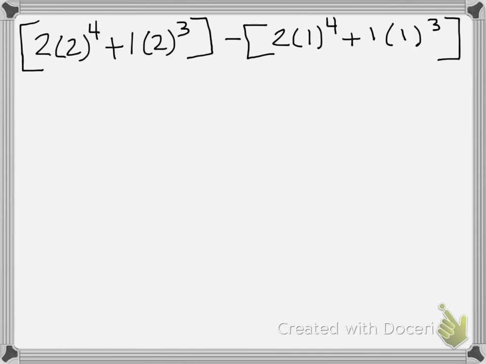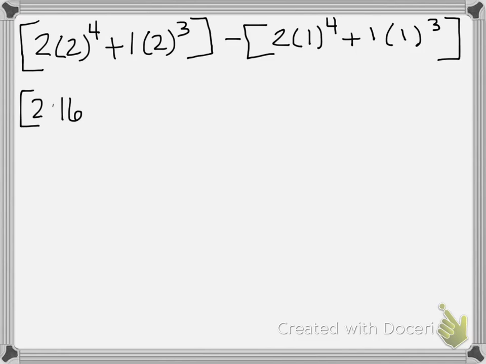So then whenever we go through and do all of this, I'll make all of our calculations. We're going to have 2 times 2 to the 4th, which is 2 times 2, which is 4, times 2, which is 8, times 2, which is 16.